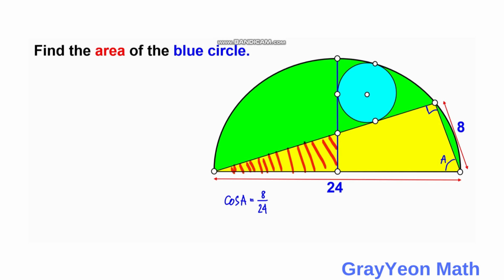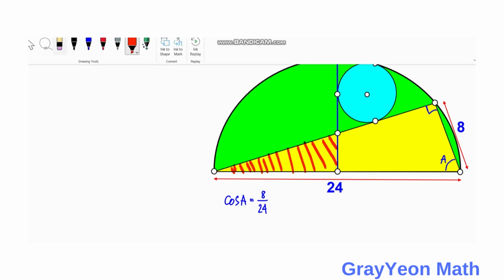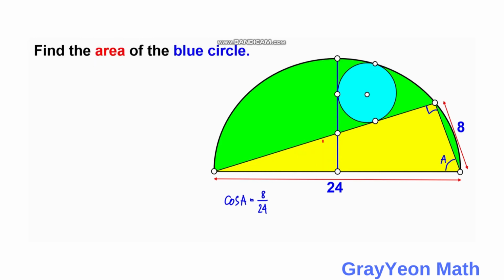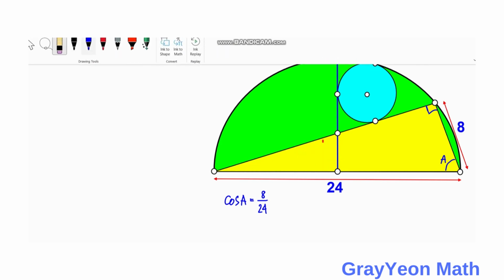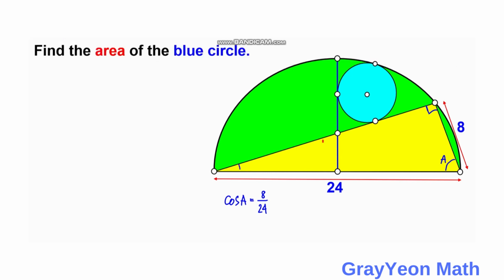Since this 8 is opposite the smaller angle, it is opposite this angle, and this is the larger angle of this smaller right triangle, similar to the previous largest one. So this should also be A, because it is opposite the longer leg for this smaller triangle.